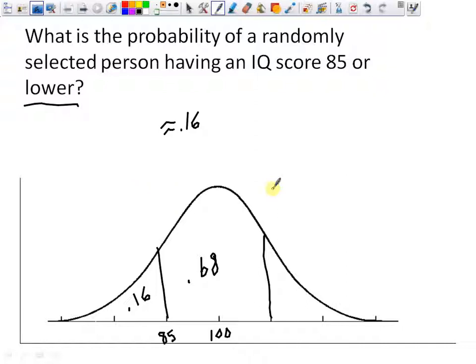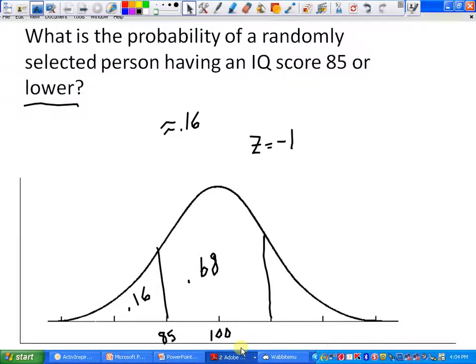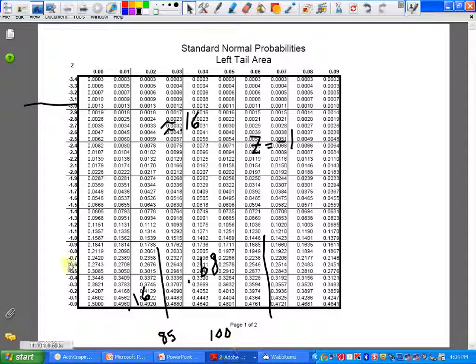So now let's use z-scores. We know that 85 is one standard deviation below the mean. That's why we have a negative 1. It's below the mean, so we can go to our chart. Notice now I'm going to use the z-chart for negatives because I'm looking at a negative z-score.